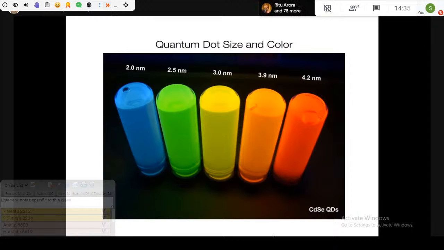Just for example, this is semiconductor quantum dots. You see only the size and the emission of the color. When you irradiate with a fixed wavelength of light and the emission comes, that will be different because of the size variation, because of the band gap.